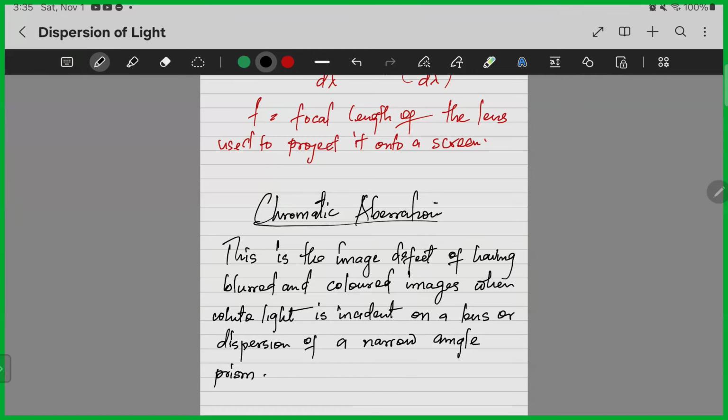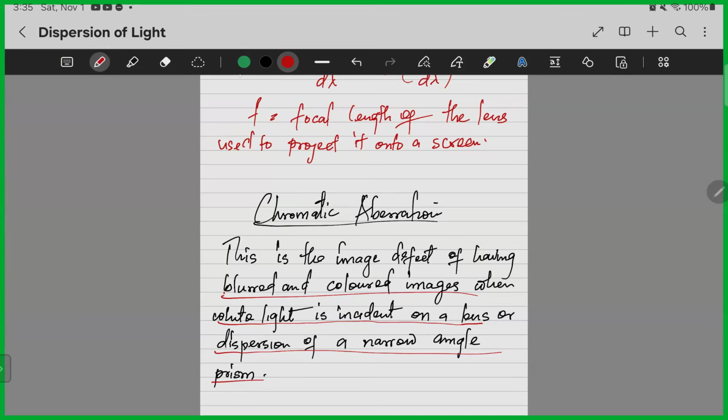So there are two causes: when light is incident on a lens, or by the dispersion of a narrow angle prism.